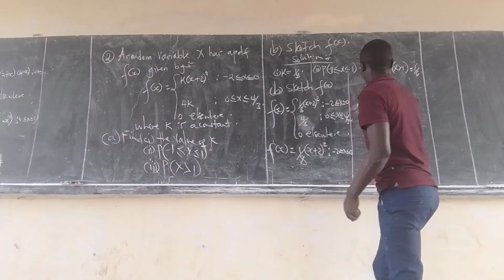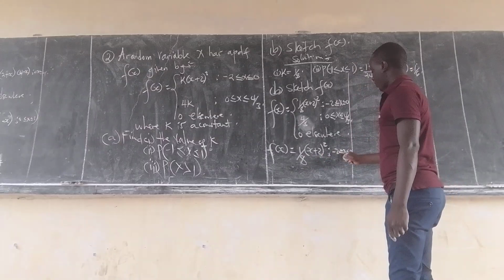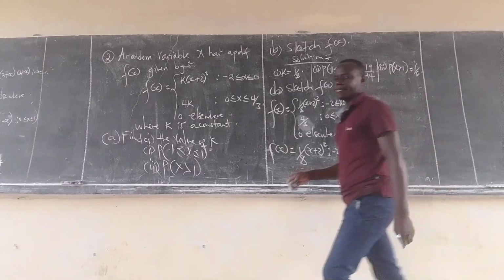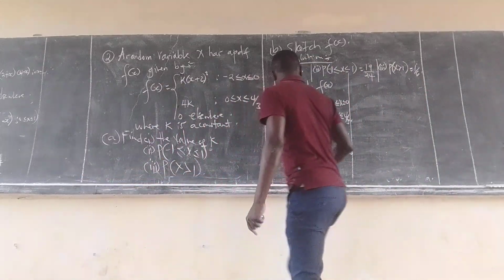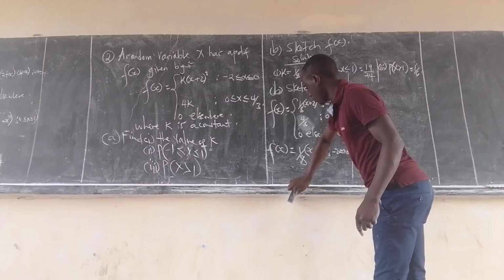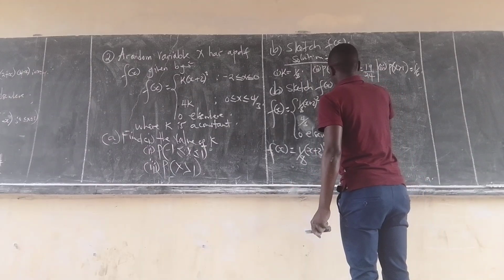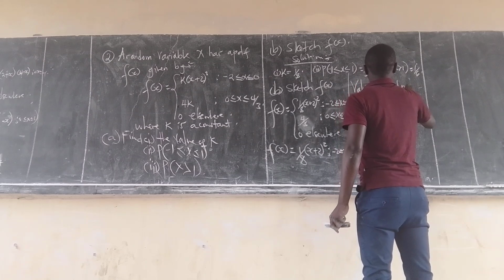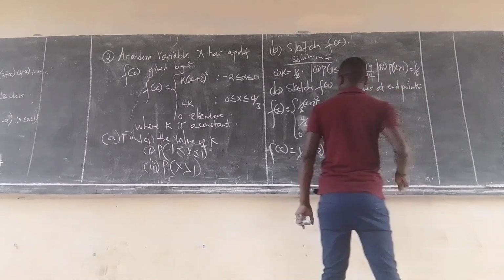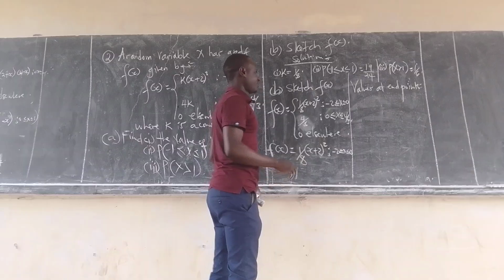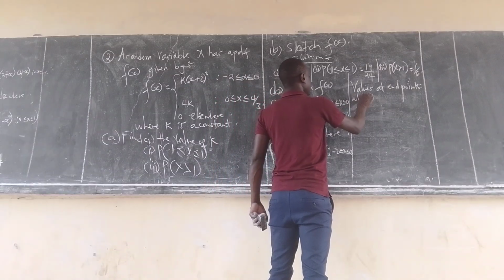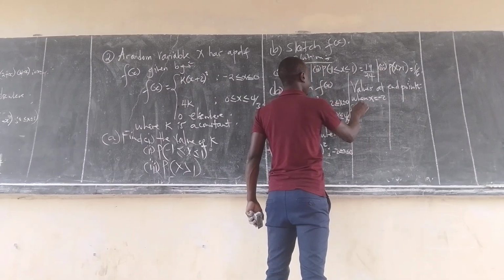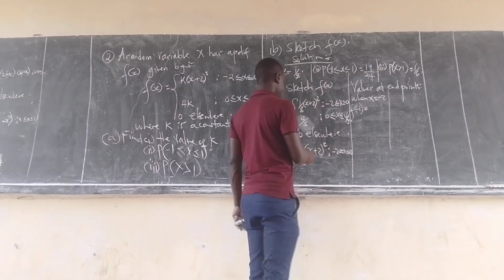So my f of x is this when x lies between -2 and 0. I'll begin with this first one, which is -2. So these are now the values at endpoints for the first PDF. When x is -2, our f of -2, we substitute in this function.